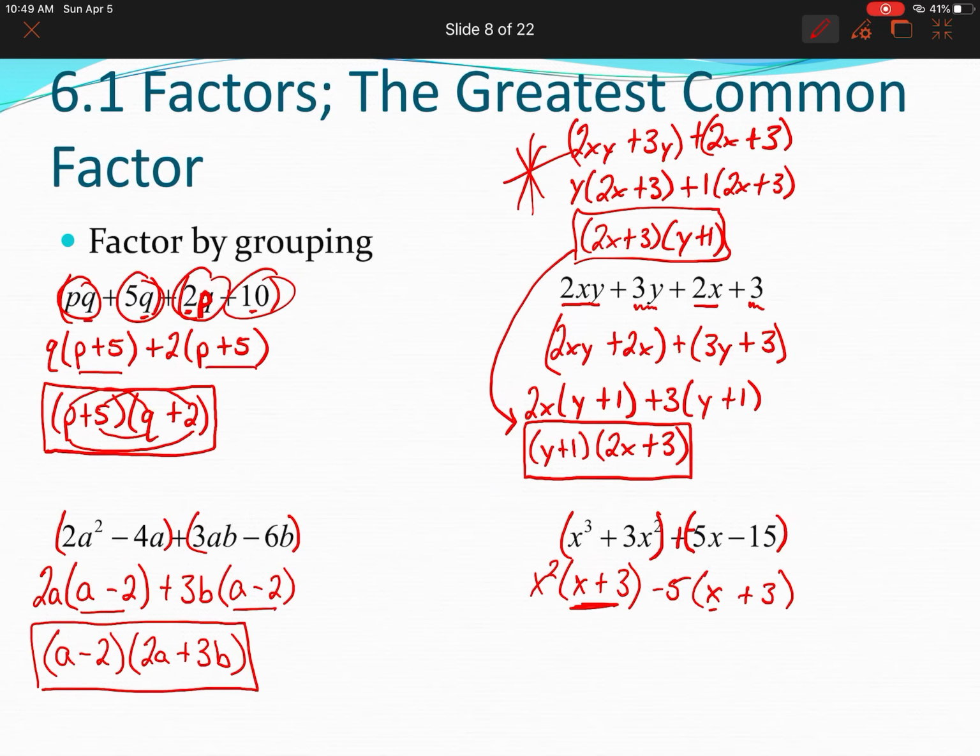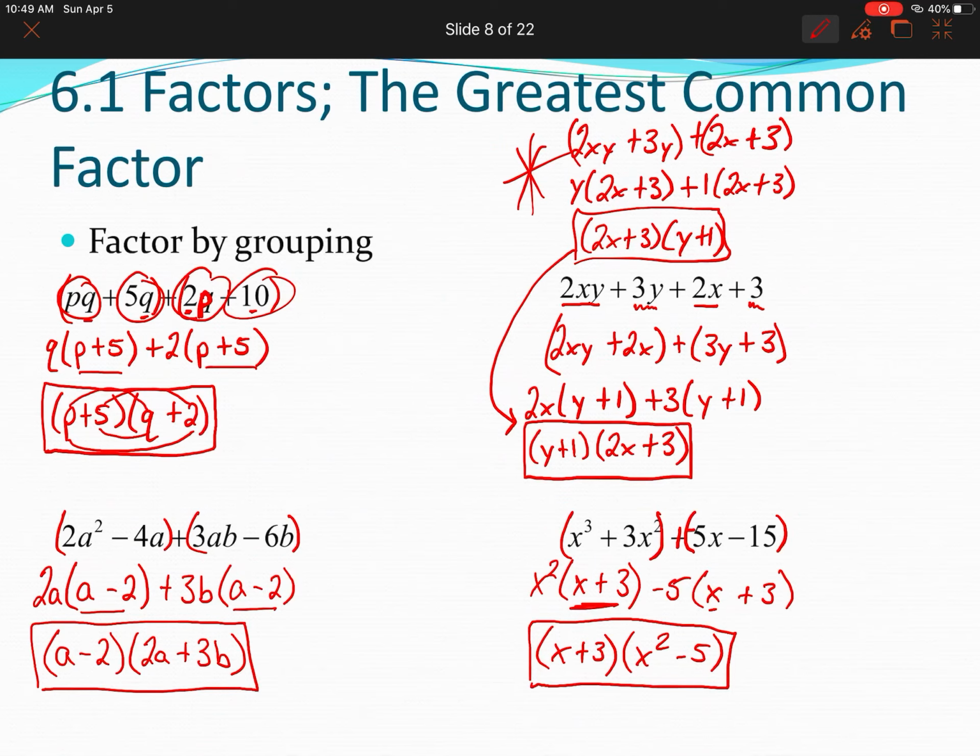Now we end up with the x plus 3 being the same in both sets of parentheses. That becomes our greatest common factor, and what's left is x squared minus 5. If you do not factor out the negative 5, then it's wrong. You have to make sure you get that negative out.